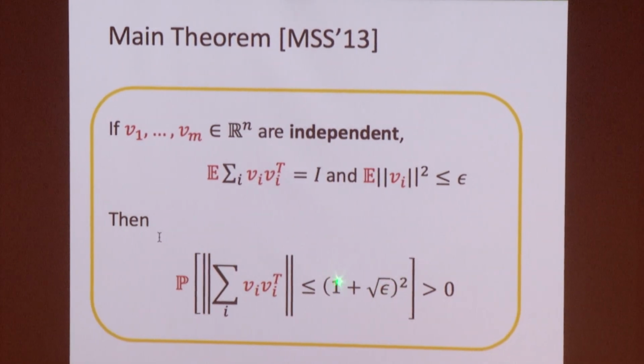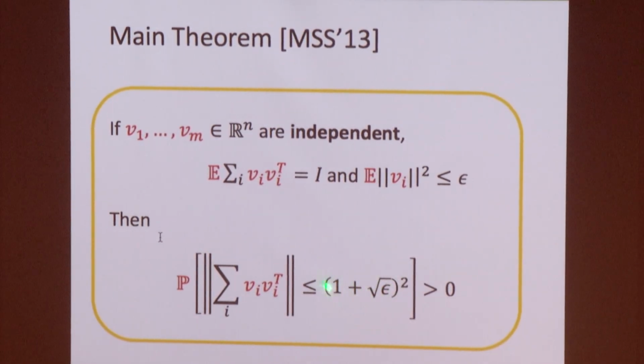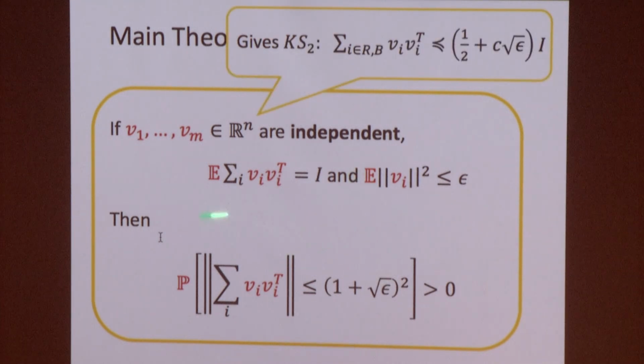So it's stronger and there's no dimension dependence, but it's weaker because there's no bound on the probability. And as such, we're really just using probability as a notation. There's really no bound on the probability. Okay. And of course, if you plug the partitioning into this, you get the main theorem that I advertised, that you can solve this KS2 problem.